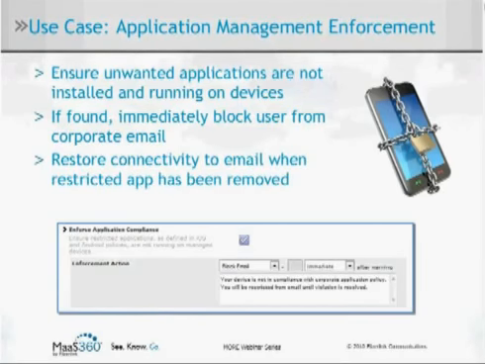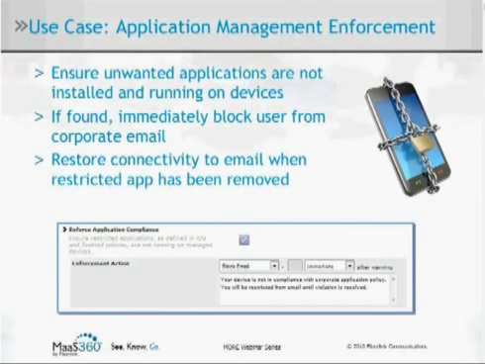So if you don't want users running software that can sync corporate data to the cloud, such as Dropbox or Keynote or Evernote, you can define a policy that says, if you're running this disallowed app, I want to automatically take action on your device.